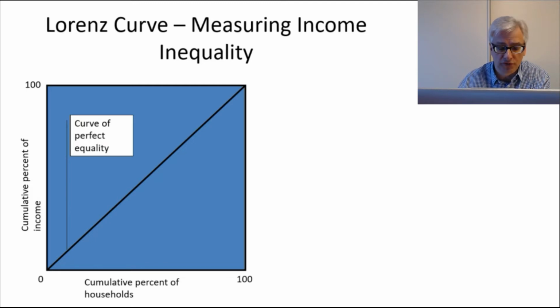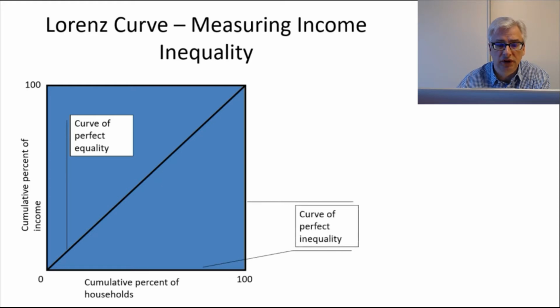So we move to the top. You can see, therefore, that this curve of perfect inequality has 2 parts, one of them being horizontal for the whole society, apart from this one single household, and the vertical one, when you include this last household.